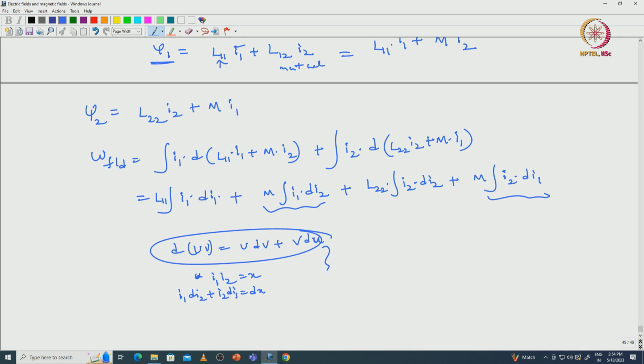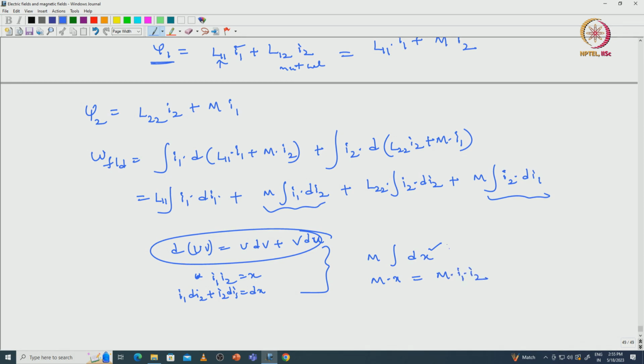As per this analysis we can replace these two terms with M into the integral of the derivative of I1 I2, or I can say the derivative of x. I am assuming the I1 I2 product as a variable x, so M into the integral of dx gives M into x, right. So, here x is nothing but I1 I2.